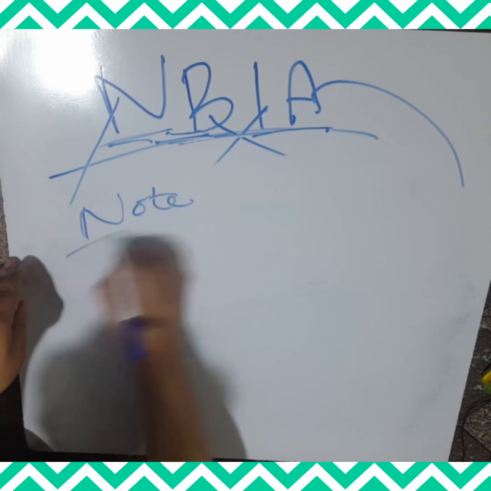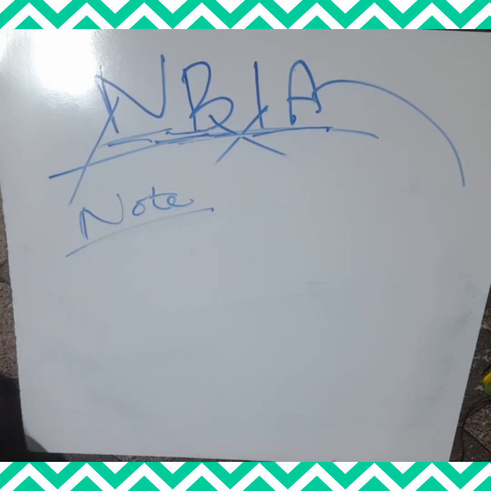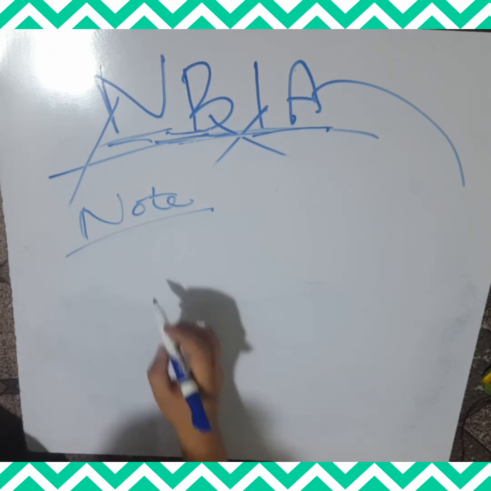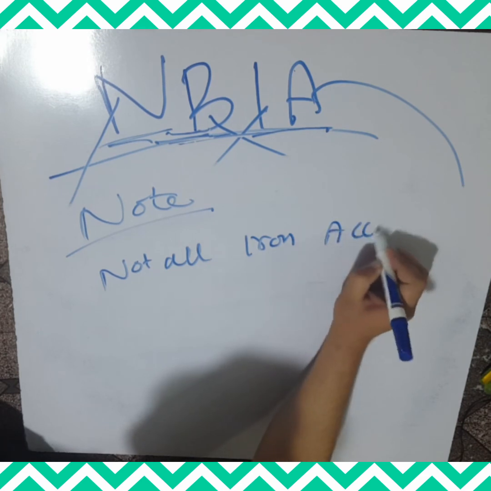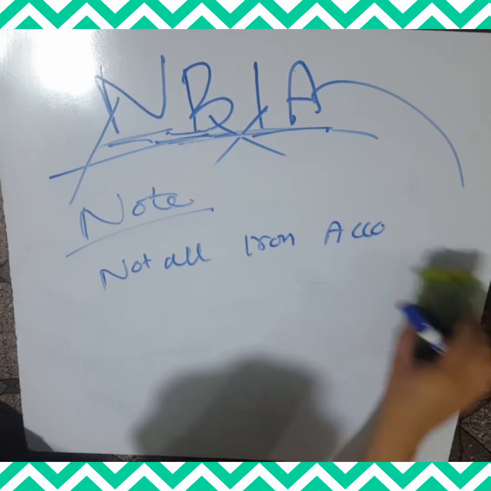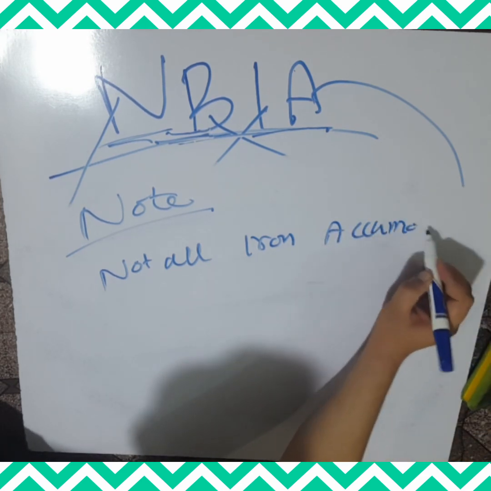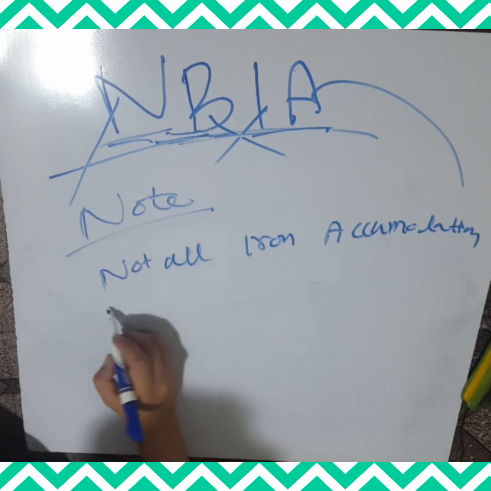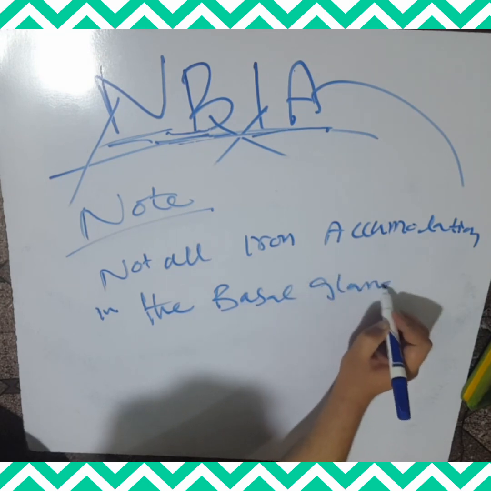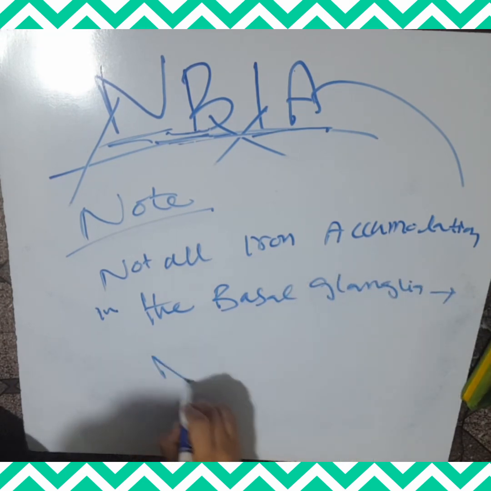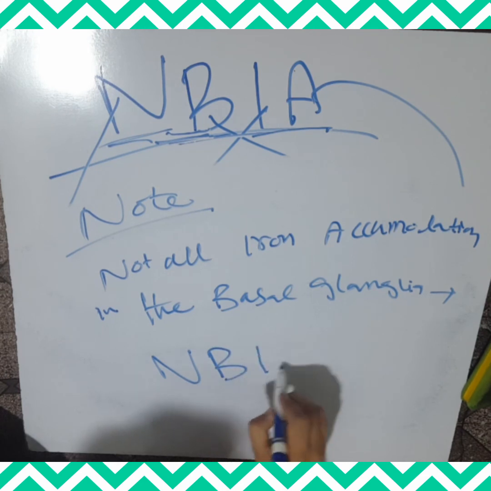Note one: not all cases of iron accumulation in the basal ganglia represent neurodegenerative disease with brain iron accumulation.